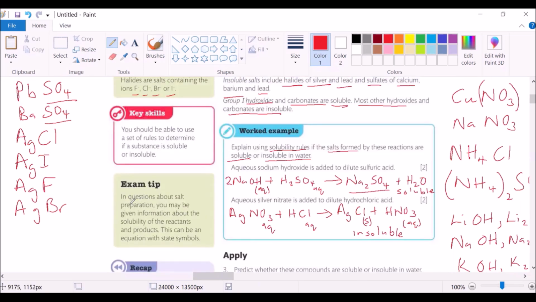In questions about salt preparation, you may be given information about the solubility of the reactants and products. This can be an equation with state symbols. So we should be able to use the state symbols to determine the state of the reactants as well as the products.